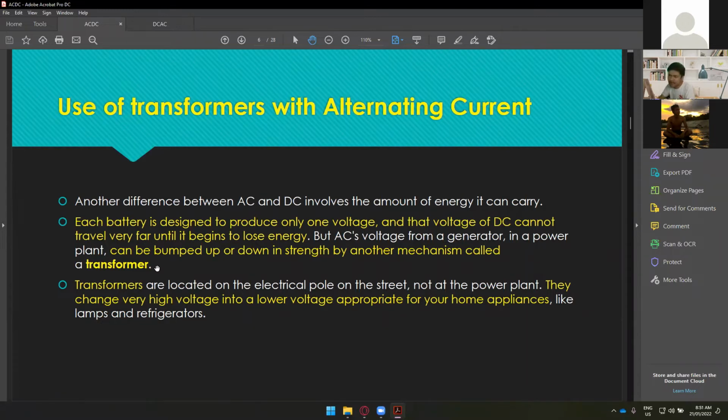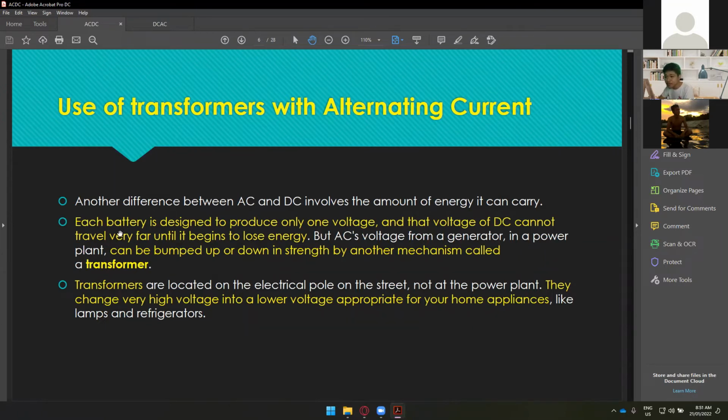Let's say from 1,000 volts, it will become 500 volts. Sorry for that. So that's the main goal of a transformer.